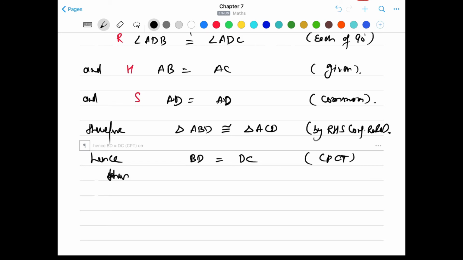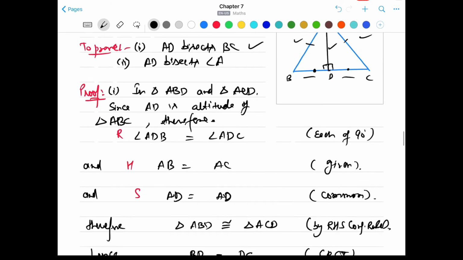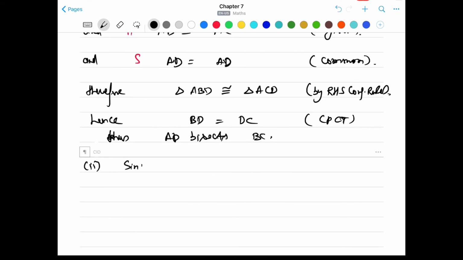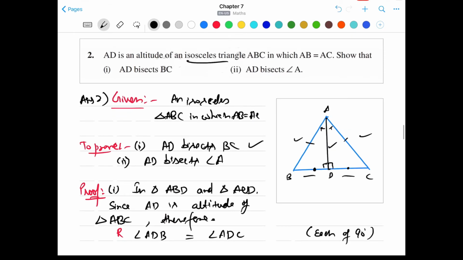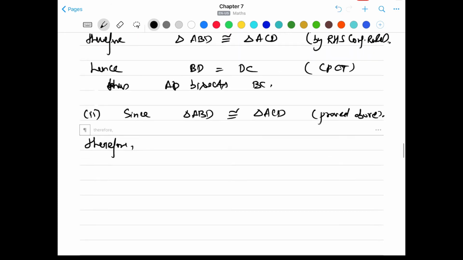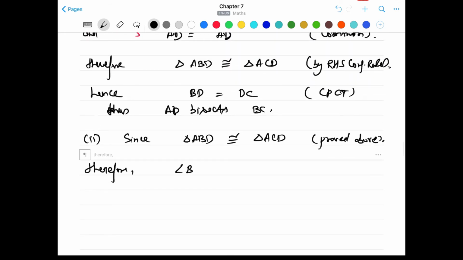Or you can say thus AD bisects BC. Okay, now come to part second. We have to prove that AD is bisecting angle A. So since triangle ABD is congruent to triangle ACD, this is proved above in part 1, therefore these corresponding angles will be equal, that is angle BAD will be equal to angle CAD.